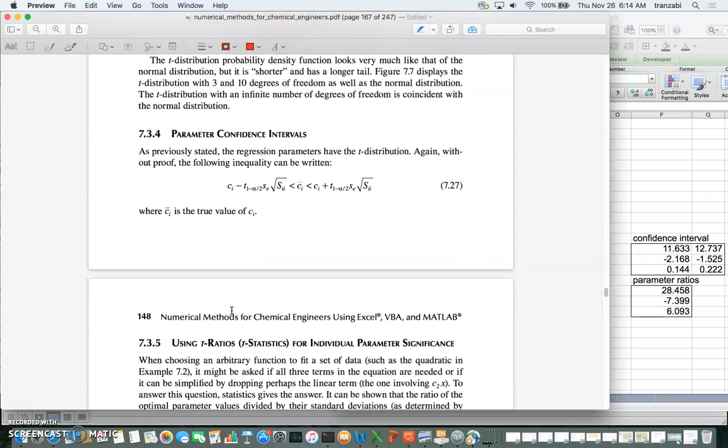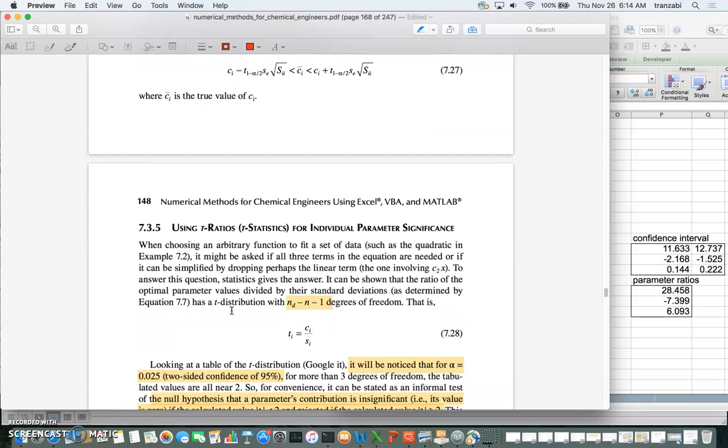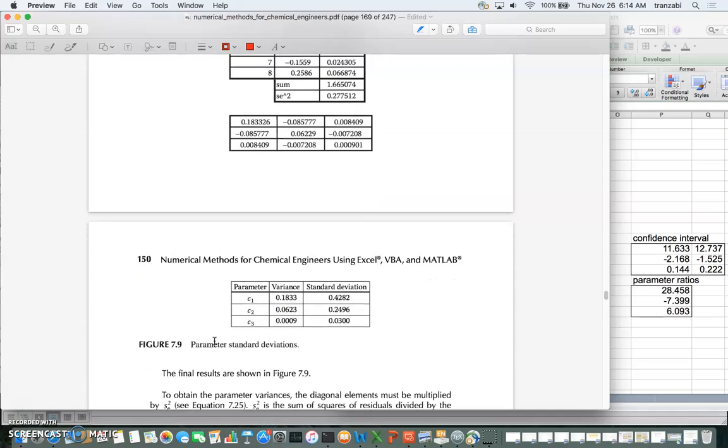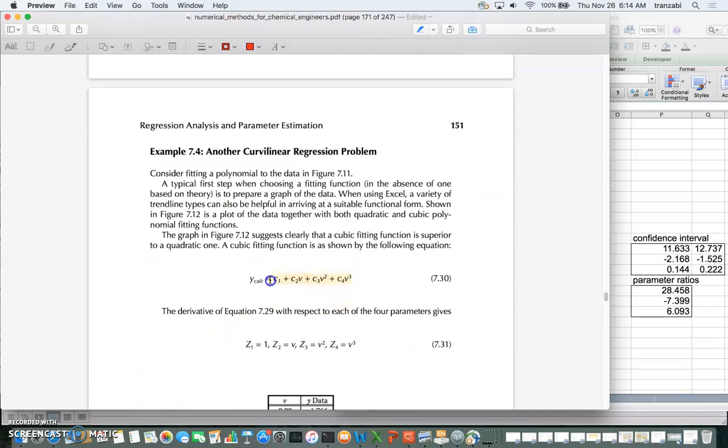Another thing we can talk about is the t-ratio. So what is the use of the t-ratio? The t-ratio is used if you really don't know which model parameter is necessary. Let's say for this case, I don't know if the quadratic model fits better or the cubic model, right? So someone says, well, I'm going to fit an equation like this.